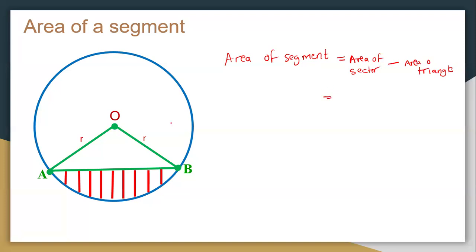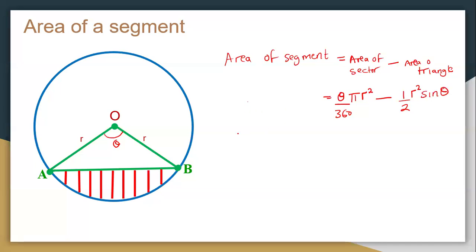So for our sector, allow me to call this theta. Our area of the sector will be theta out of 360, then times pi r squared, minus the area of the triangle, which we have said is going to be a half r squared sine of theta.